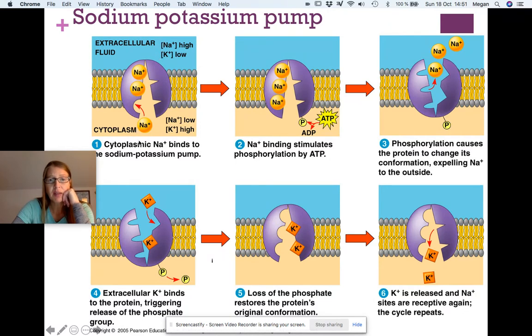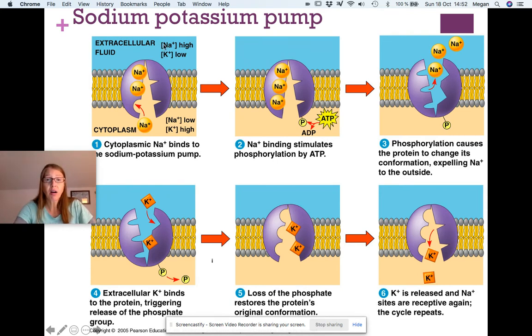Sodium is in lower concentration inside, but we want a really high concentration of sodium outside in the extracellular fluid. Outside the cell is also very low in potassium ions. So we're going to keep moving potassium ions in and moving sodium ions out. So we're moving them both against their concentration gradient.